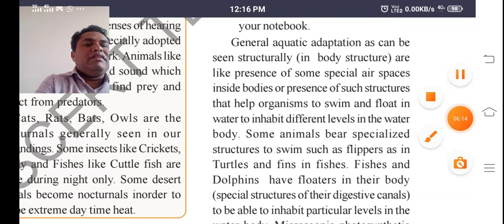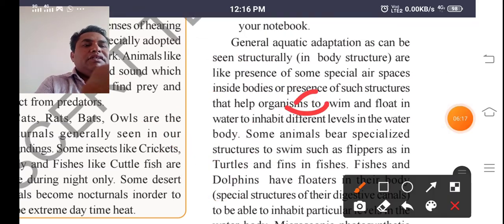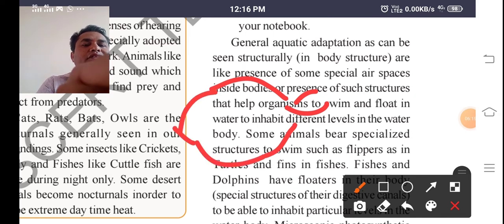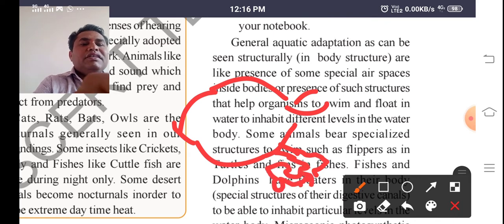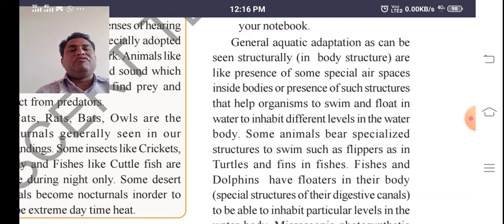Similarly, when you take the turtle, this is the head and this is the body, and the fleshy part between the fingers is called flippers. They help to swim in the water.